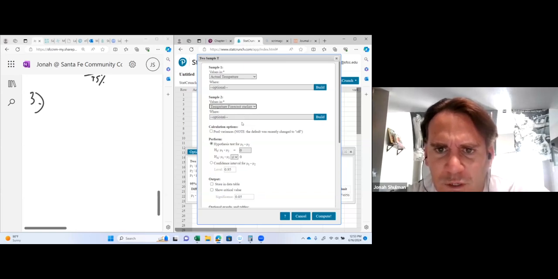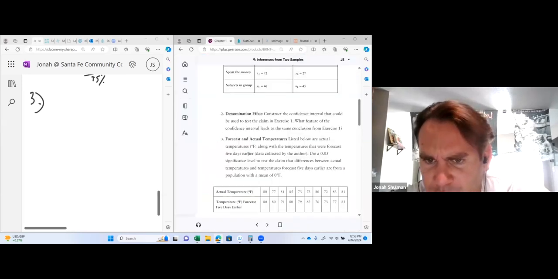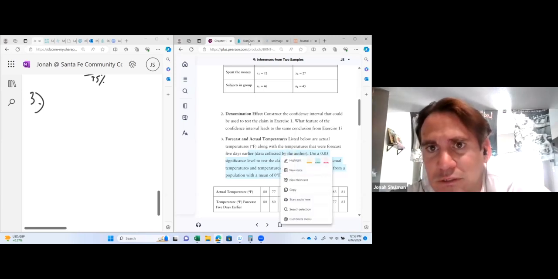We can select a forecast. We have to pull the variances. And are they saying it's the same or different? Okay, so we just want to say is it 0. We don't know if it's bigger or less than. This is a two-tailed test.